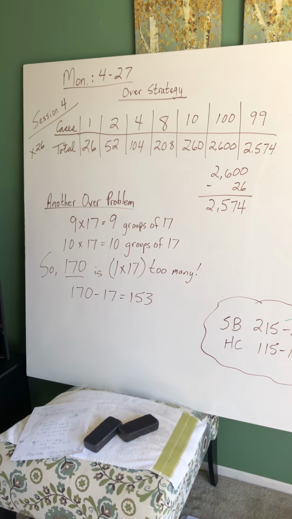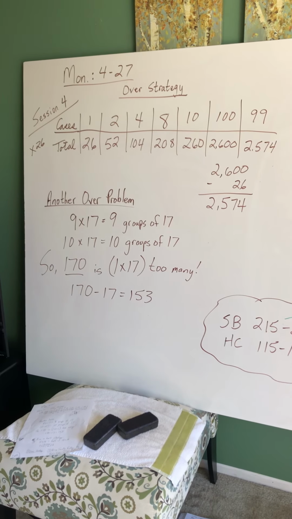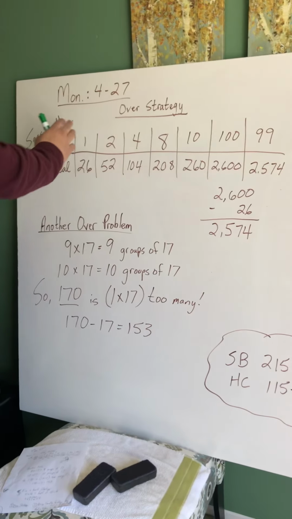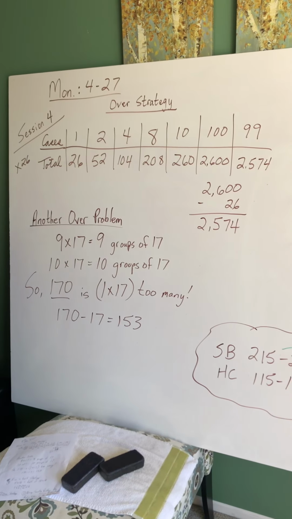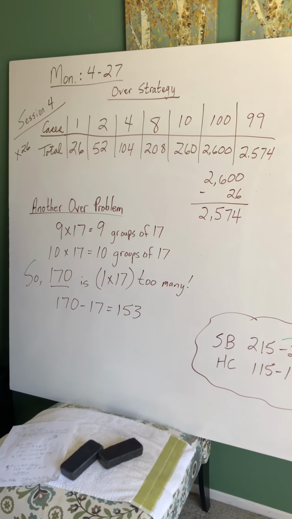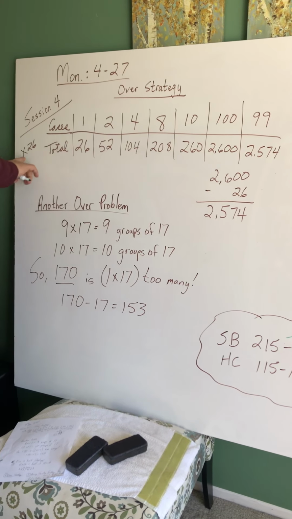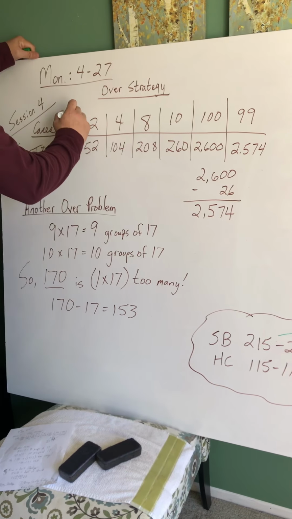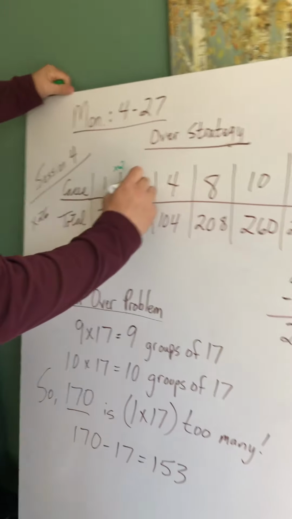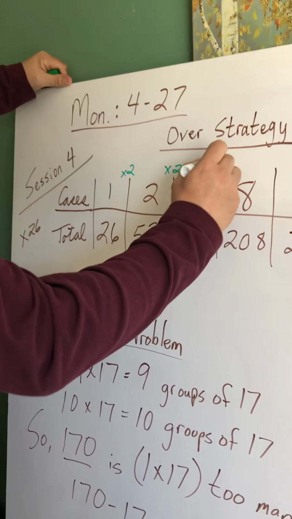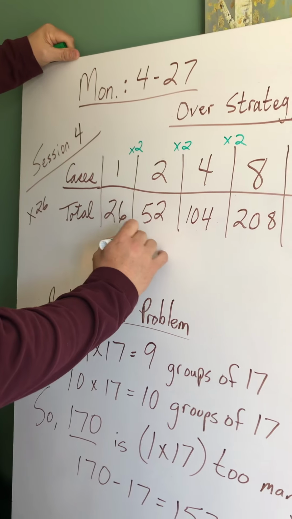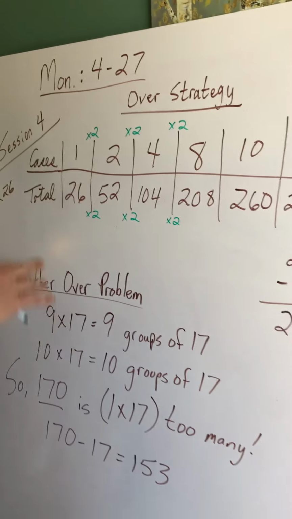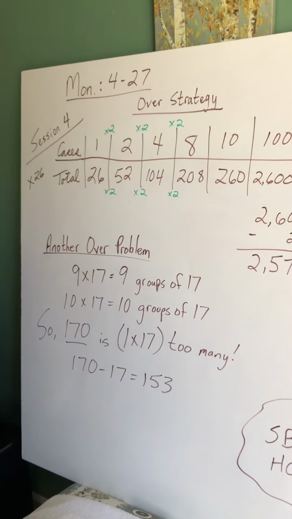So in Session 4, this was in the Teaching Masters, so you guys don't have a copy of this, but they were talking about cases of water with 26 bottles in each case, okay? And so this is a times 26 ratio table, all right? So what they wanted to show was if we do times 2, times 2, and times 2, we can go from 1, 2, 4, and 8 by doubling the numbers, okay?